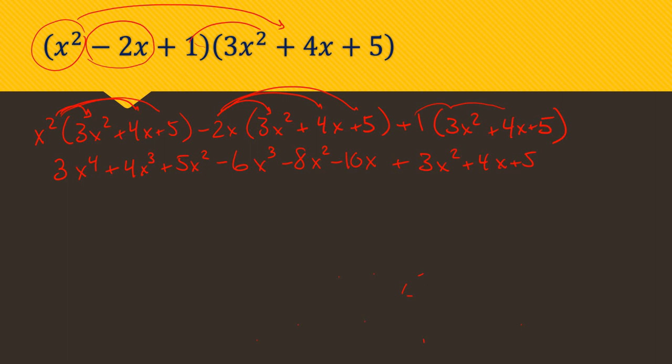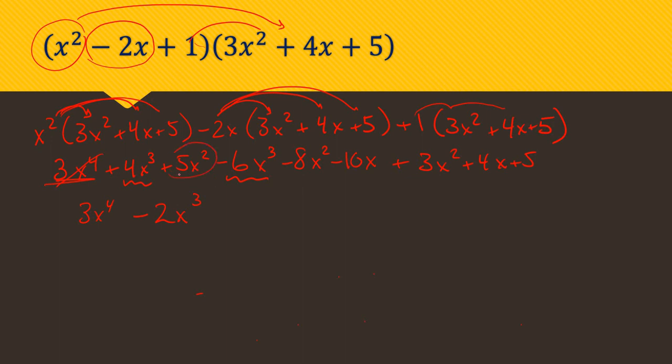Now I've got to gather my like terms, and there are a lot of them. So in order to not miss anything, I like to keep track by either crossing them out or circling them or some other method. 3x to the 4th, that is the only x to the 4th term, so it's the only one I need. X cubes, let's see, there's an x cubed, there's an x cubed, and that's it. 4x cubed minus 6x cubed, negative 2x cubed.